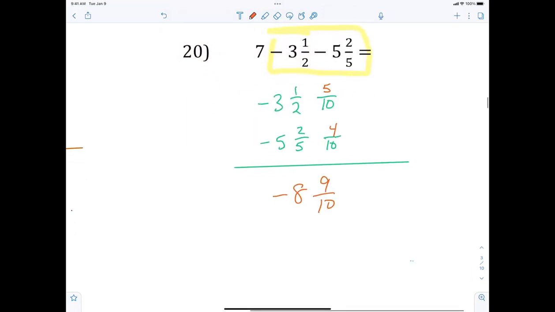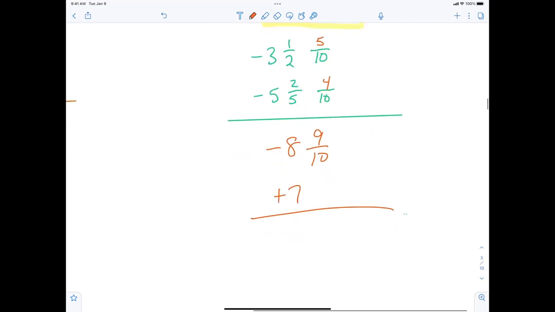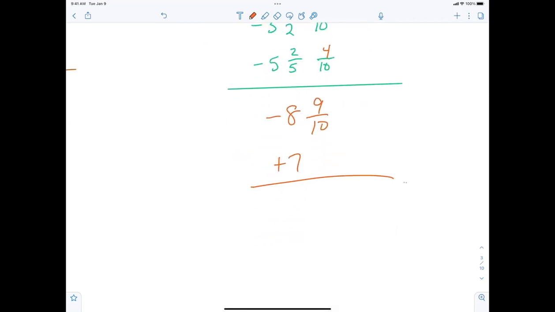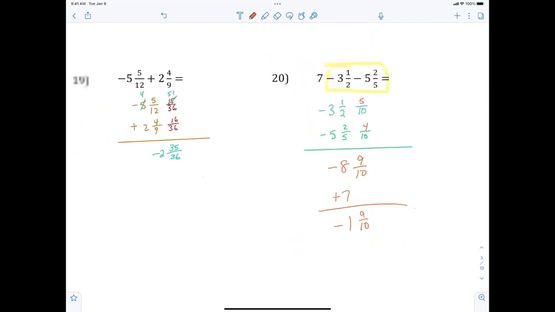And then you're adding 7. Negative what? Yes, that's exactly correct. Thank you, girl. That was nice work. -1 9/10. All right, my iPad's acting up again. Sorry. -1 9/10. Everybody's good? All right, I'm pretty happy with that.